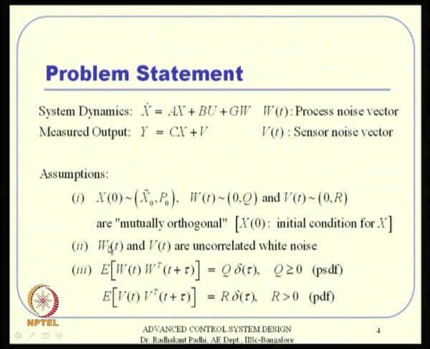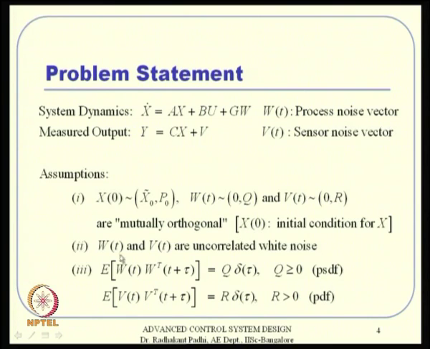Anyway, we also assume that w and v are uncorrelated white noise. That is the fundamental backbone of Kalman filter theory, that the noise terms that are accounted for are assumed to be white. They may or may not be white, but in the entire theory development they are assumed to be white. What you mean by white is that they are supposed to be uncorrelated.